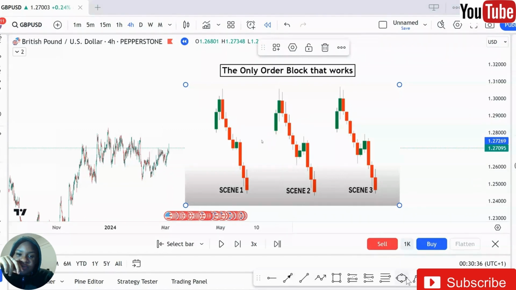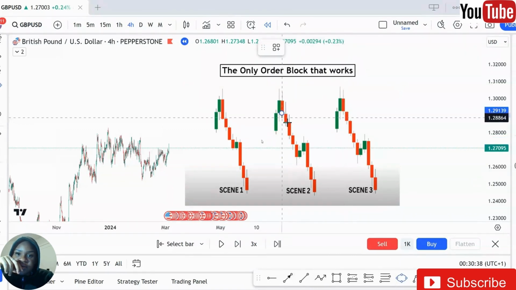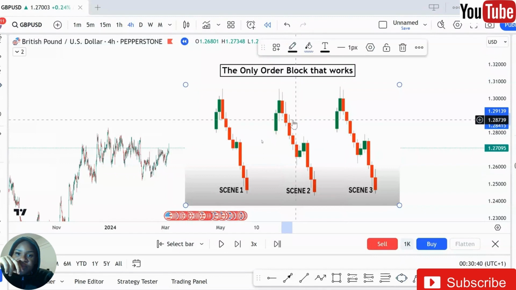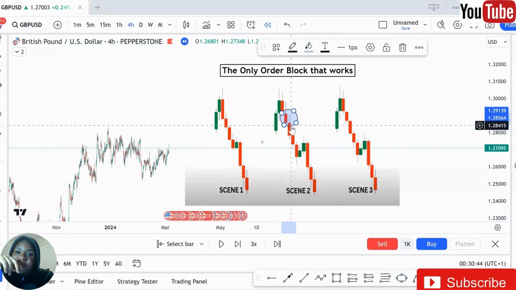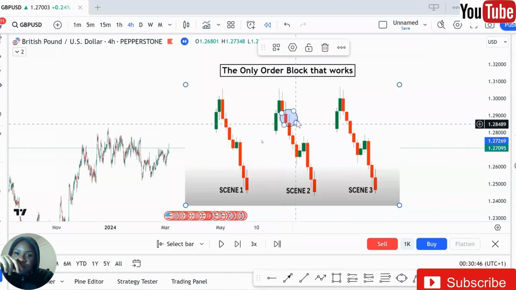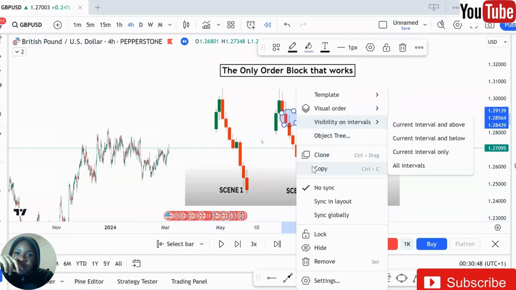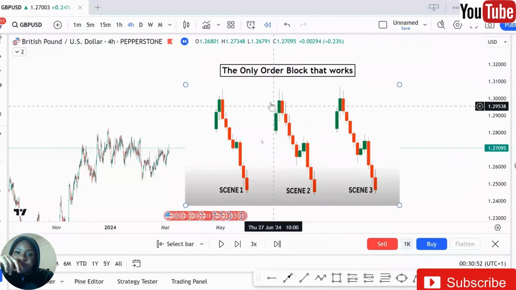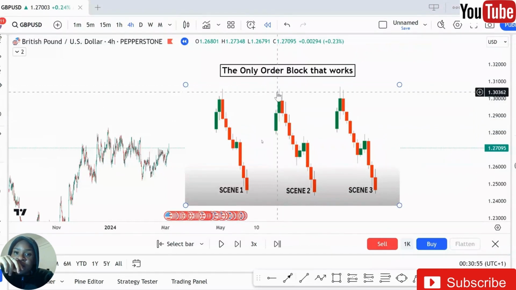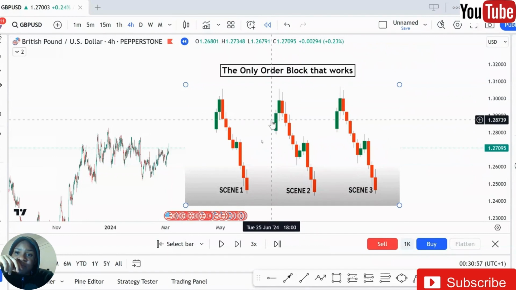Let me try and put a circle in that area. Do you see any valid fair value gap? No. There is no valid fair value gap in that area. Meaning in this kind of scenario, it's already a weak order block, but it's still an order block, just a weak one.